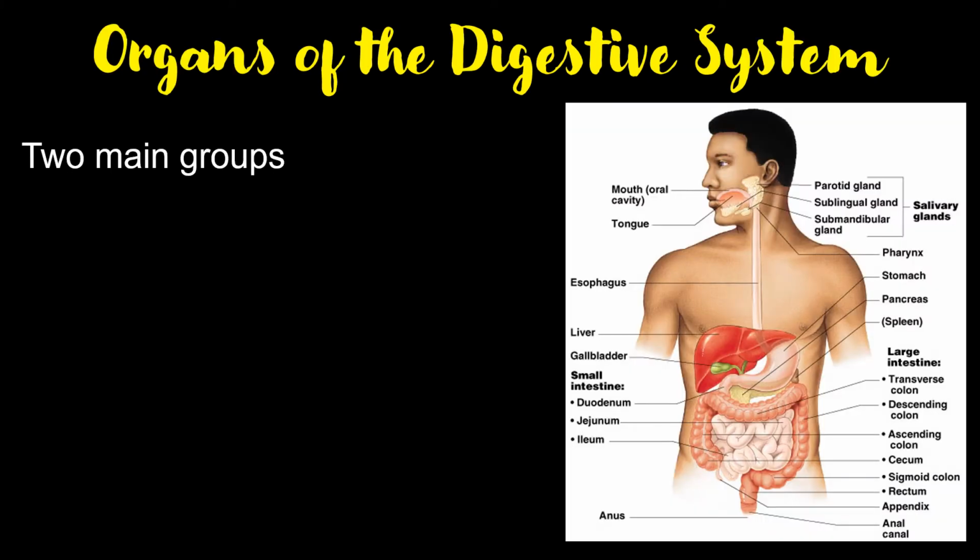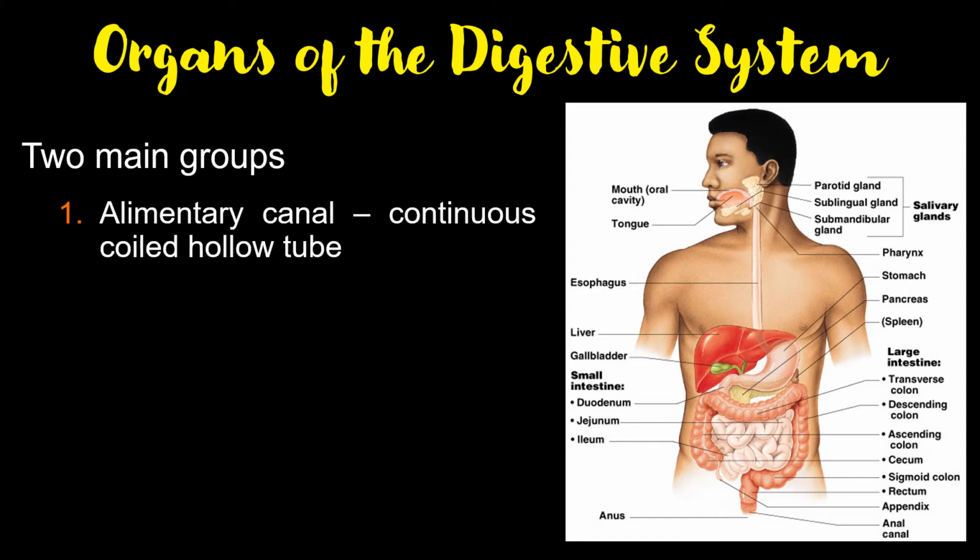The two main components of the digestive system are the alimentary tract and the accessory organs. The alimentary tract or alimentary canal consists of the mouth, pharynx, esophagus, stomach, small and large intestines, rectum, and anus.